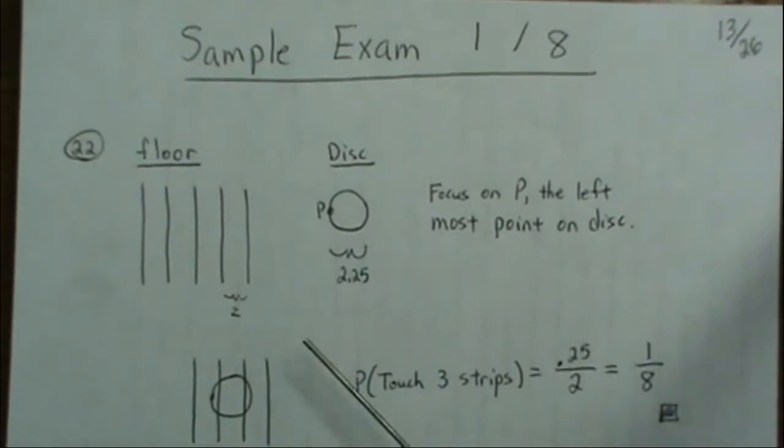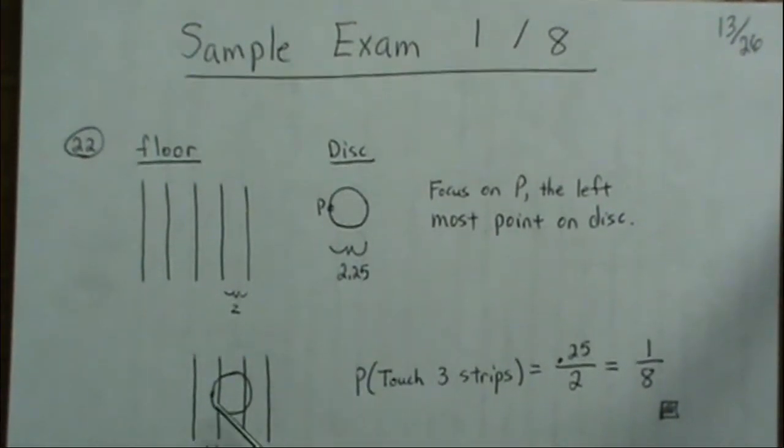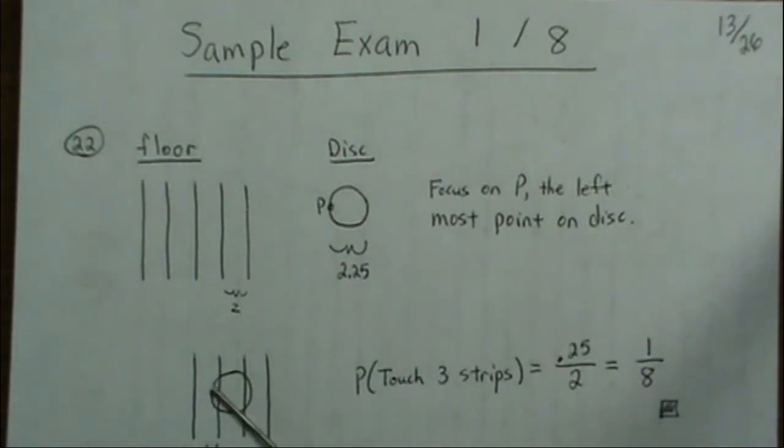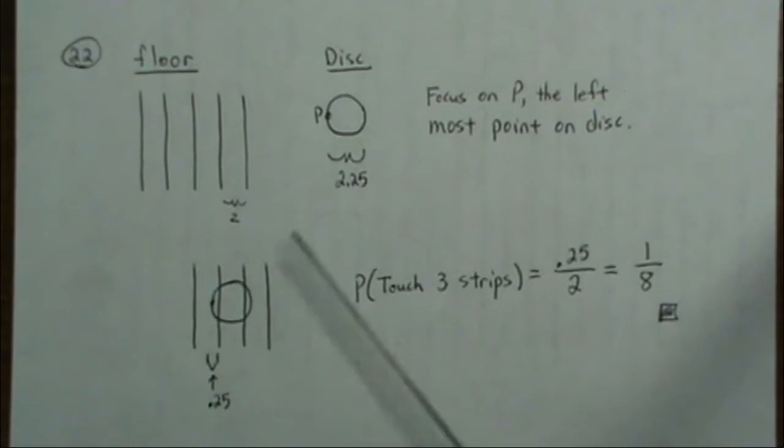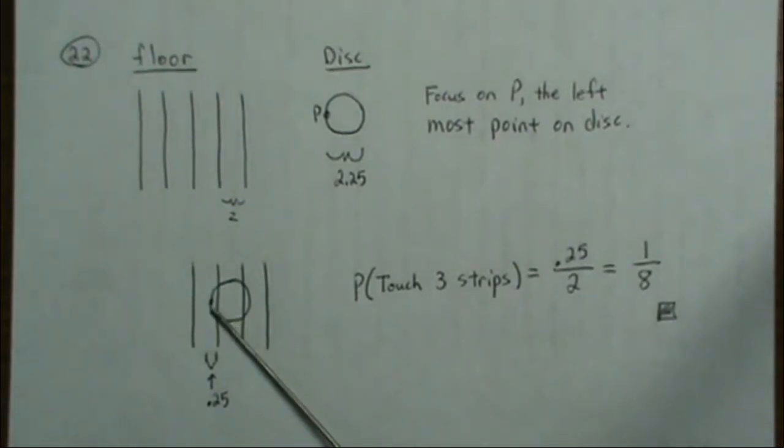So when you flip the disc onto the floor, the leftmost point, remember it's uniform, so it could be anywhere, has to be somewhere in order to touch 3 boards. Well, it's 2.25, so that leftmost point has to be within 0.25 of the last piece of the board.